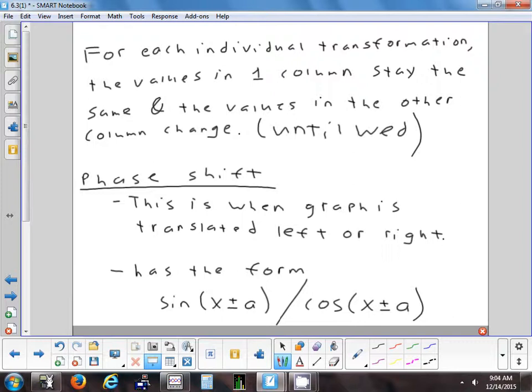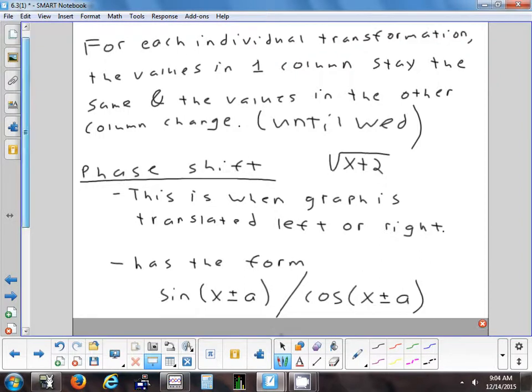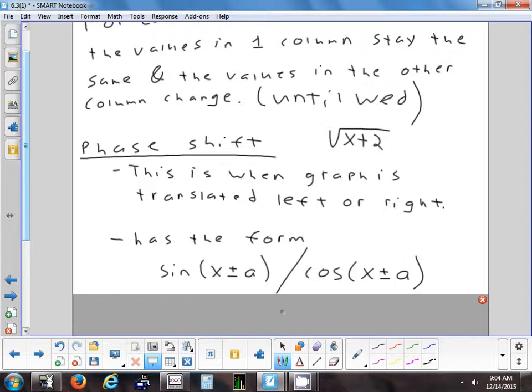So a phase shift is when we add or subtract inside the parentheses. It's inside the argument to the trig function. If we were doing another function, this would be similar to like square root of x plus 2. That's a horizontal shift of square root, adding or subtracting under the root. But we've got to be careful. If you add, which way do you think that's going to move your graph? Left or right? Left.